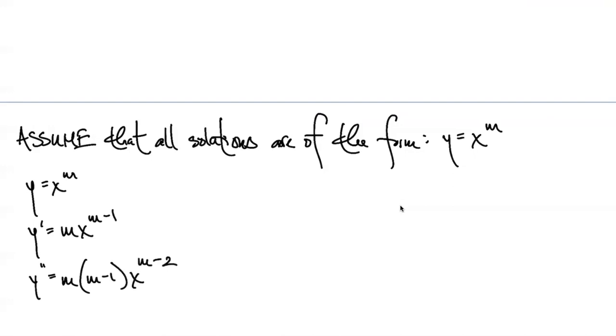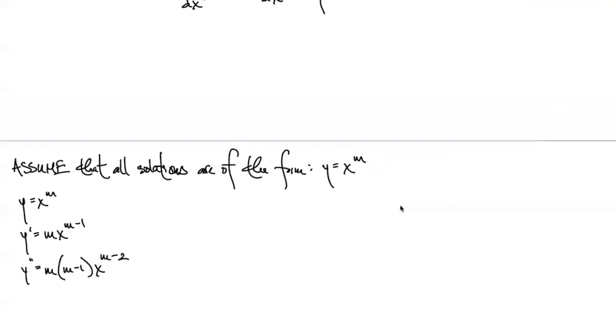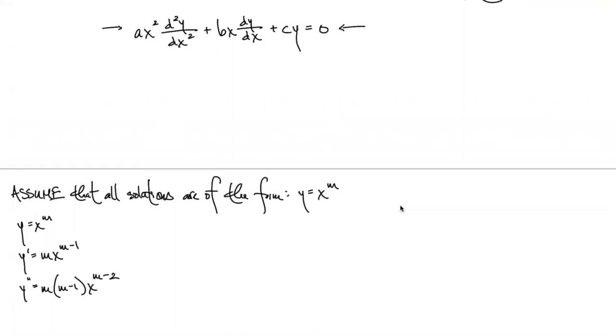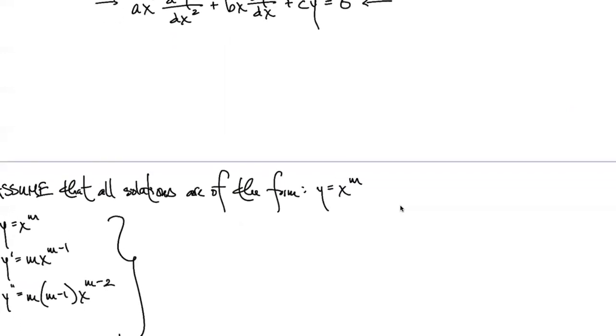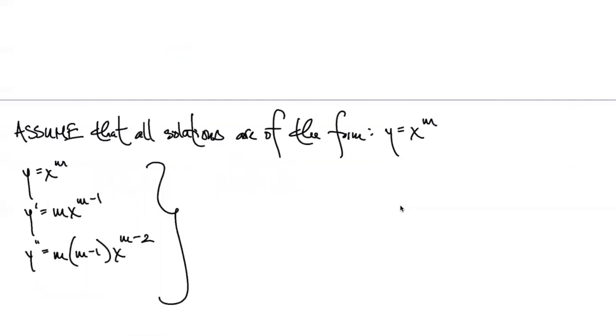Okay. And so what we're going to do now is take these three and plug them into the Cauchy-Euler second order differential equation. And let's see what happens. So if we plug things in, we're going to get a y double prime.